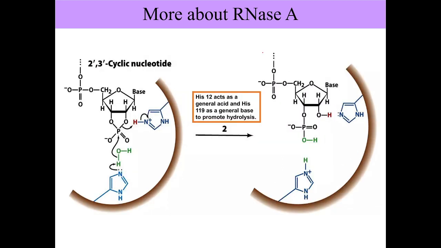Then what happens? Histidine 12 is now acting as an acid, and histidine 119 is now acting as a general base to promote the hydrolysis, right? So the attack is now on this 2,3 cyclic monophosphate, and the interaction with the histidines is lost, and this is released. This is how it cleaves RNA.